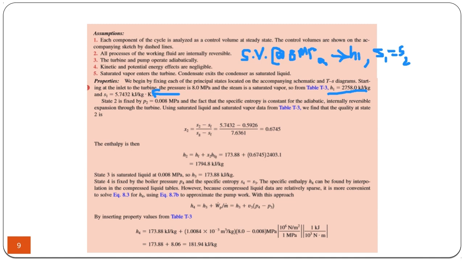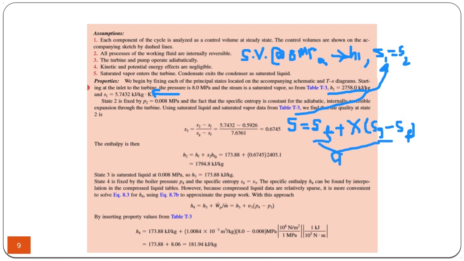Because S1 is equal to S2, and remember that for a mixture, we can write S as S_f plus the quality x times (S_g minus S_f). We know this because it's equal to S1, and we need to find the S_f value and S_g value, and they are actually the saturation values at lower pressure.